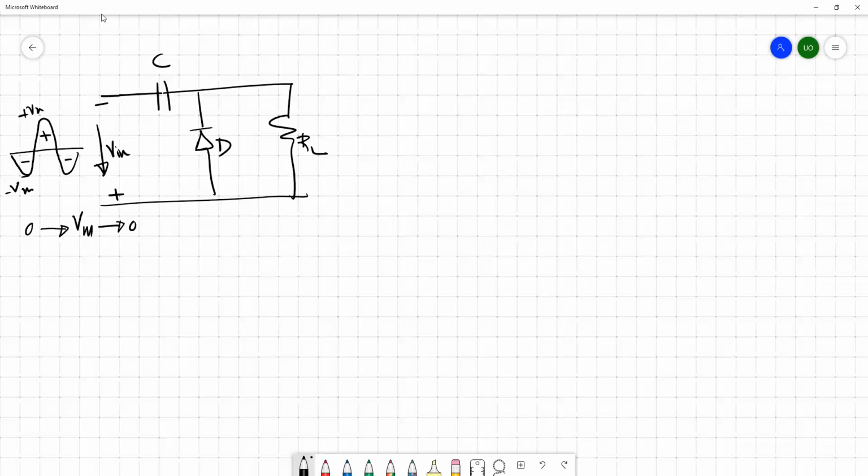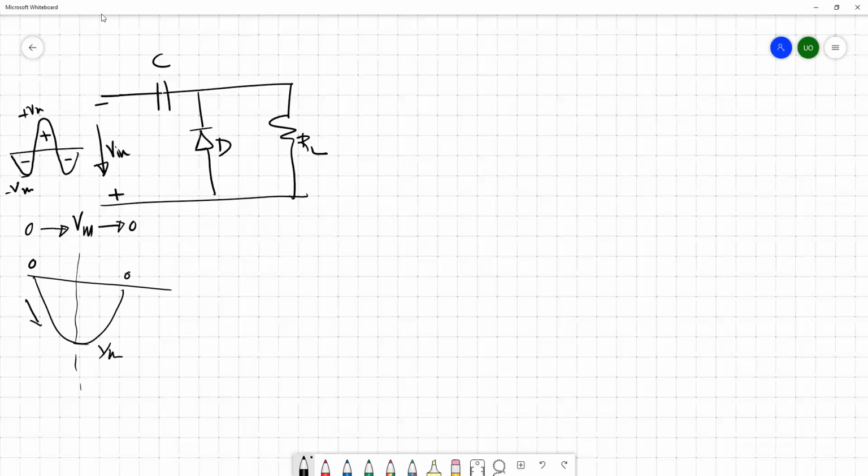Okay, so if we consider this negative cycle, this is the scenario. So we have the negative cycle. This is Vm, this is 0, this is 0.